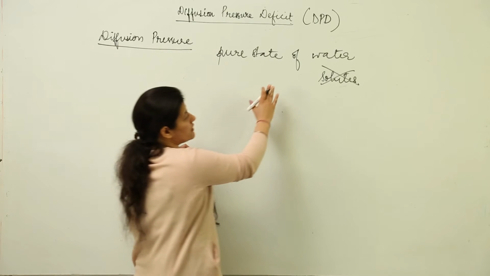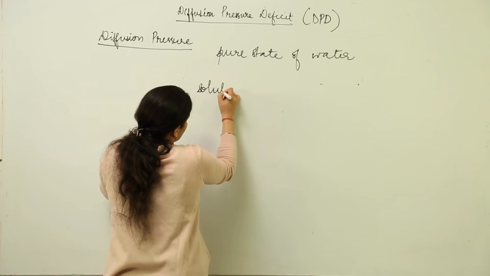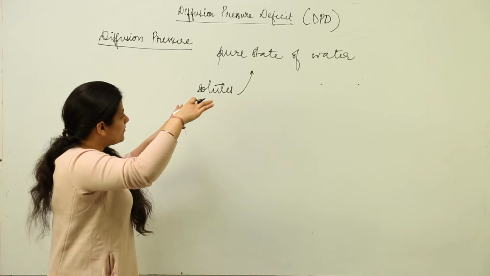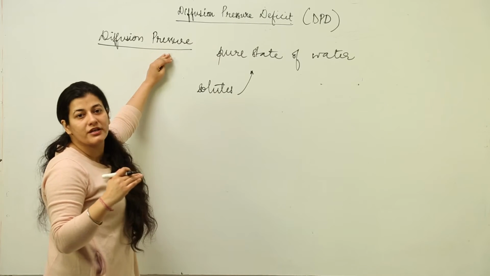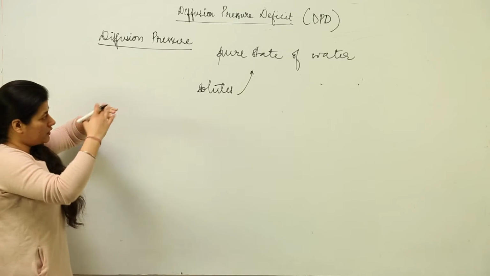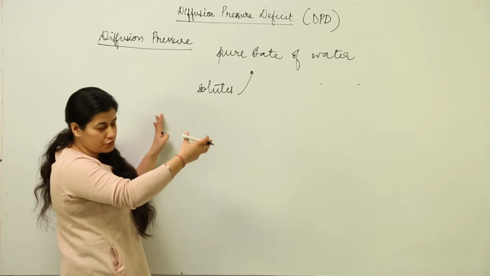On addition of some amount of solutes, supposedly if some solutes are added into the water solution, what would happen? These solutes are going to bring down the diffusion pressure of the water in the solution. That is quite obvious, for the obvious reasons of the change in molarity of the solution.